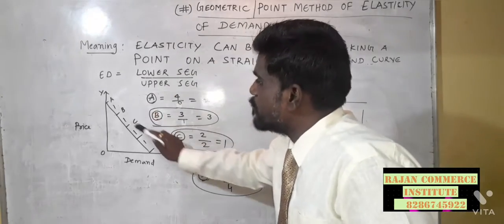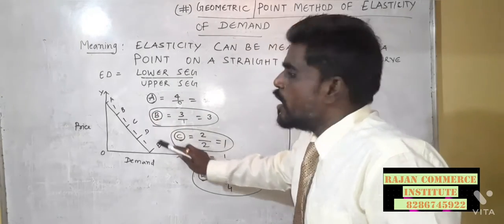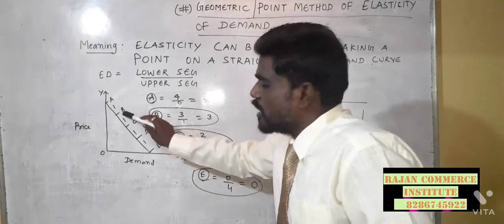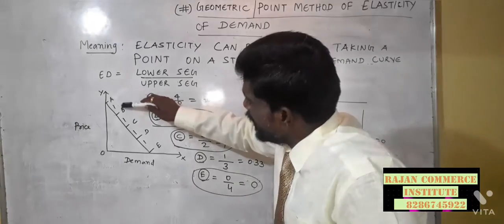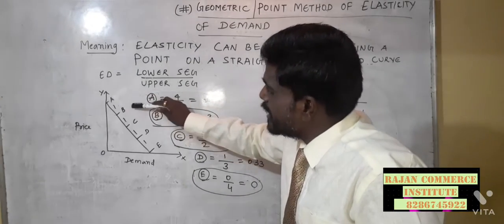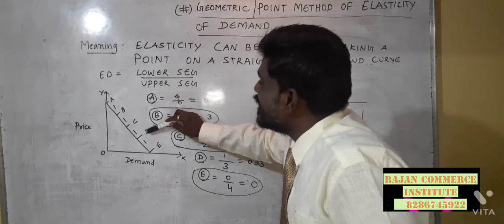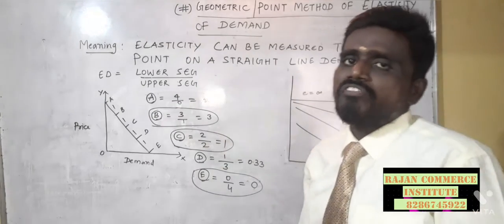I have given equal measurements: AB is equal to 5 units, BC is 5 units, CD is 5 units, DE is 5 units.